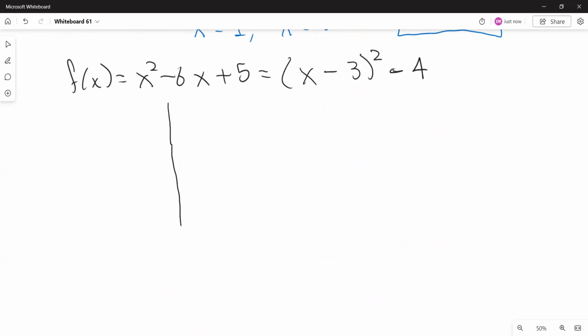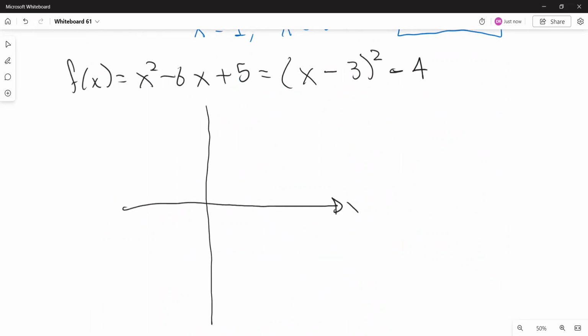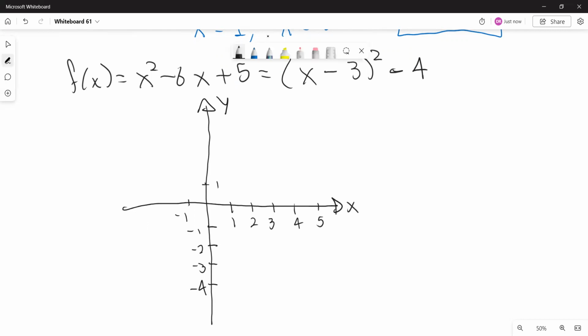And I have one more question. I'm going to determine that from the graph. Well, I don't need the graph to determine that, but I'm going to draw the graph. Okay, so the vertex was (3, -4).